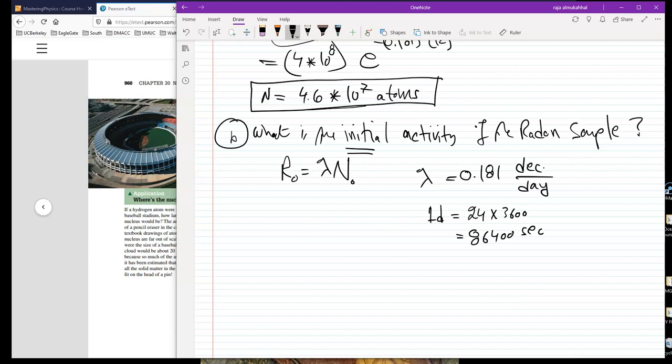Okay? So therefore, lambda is equal to 0.181 over 86,400.